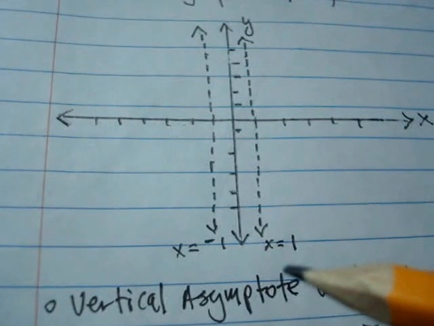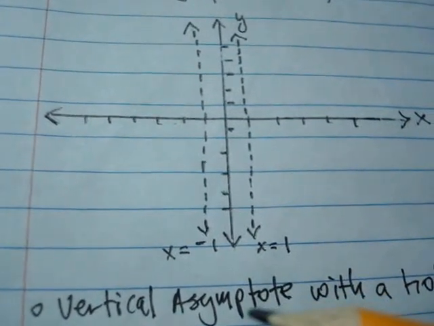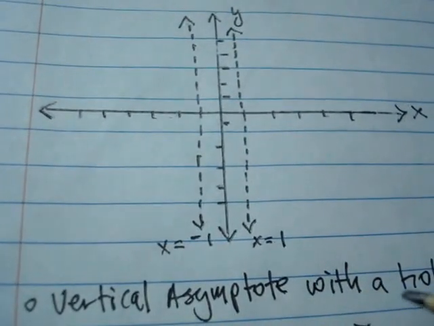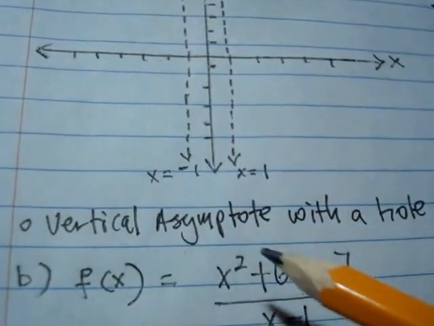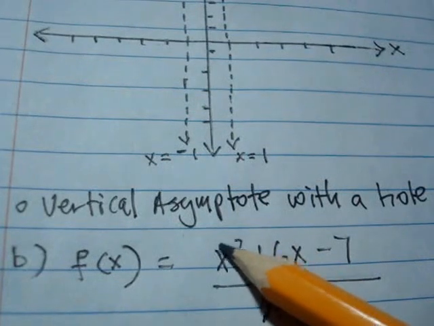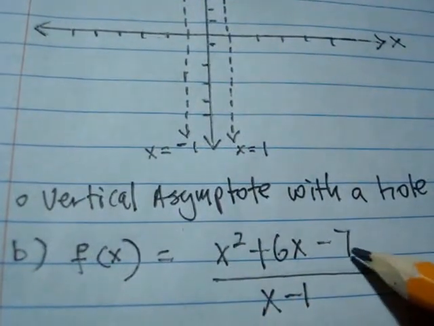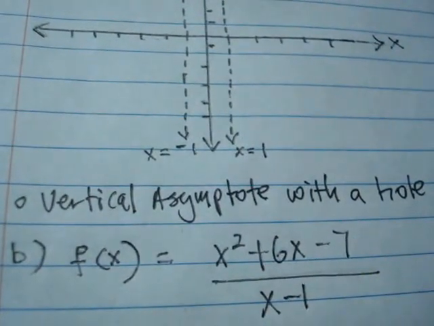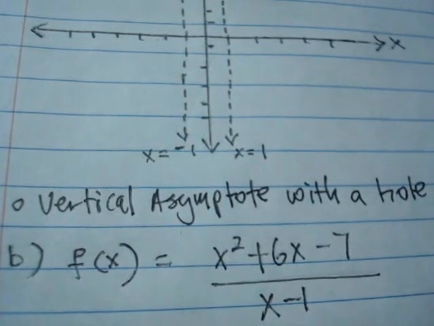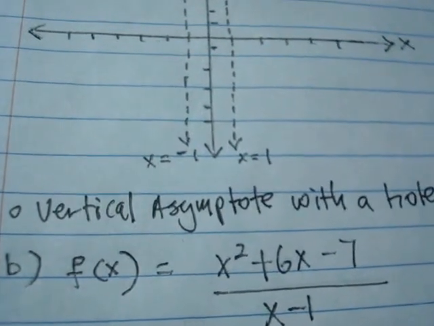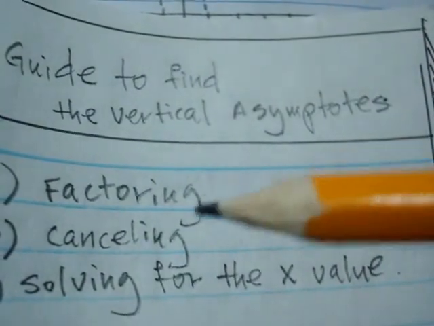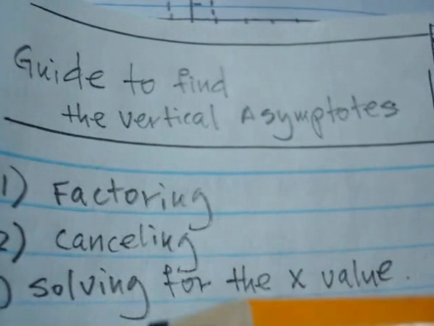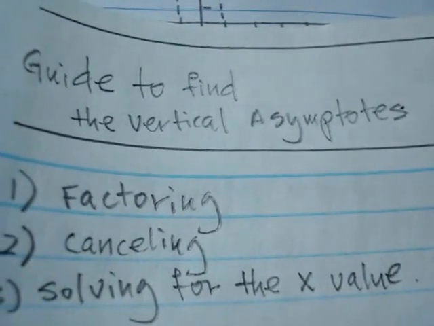Example number 3 involves a vertical asymptote that has a hole in it. So let me explain with an example. Let's say that you are given this expression right here. According to the vertical asymptote guidelines, the first thing is to factor, the second thing is to cancel, and the third thing is to find the x value.